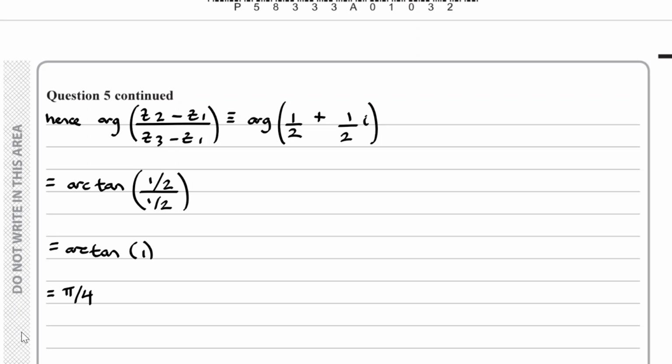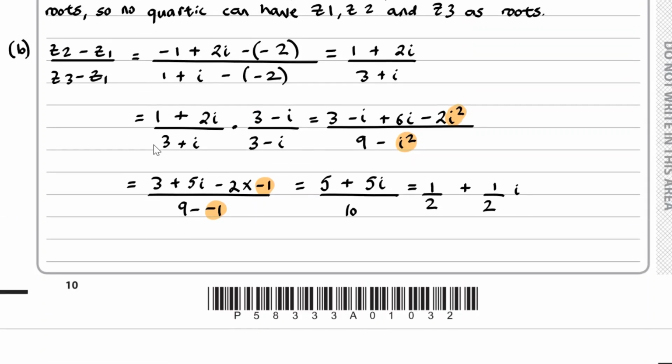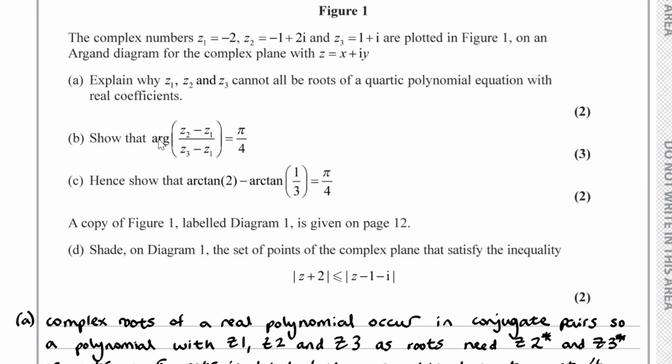And now for the next part, we have to show that arctan of 2 minus arctan of a third is equal to pi over 4. Now this is also easy as well.